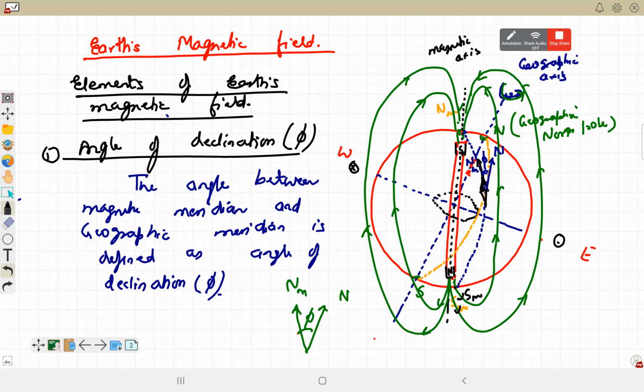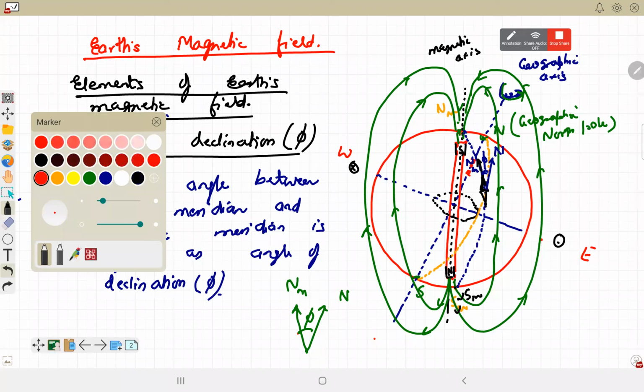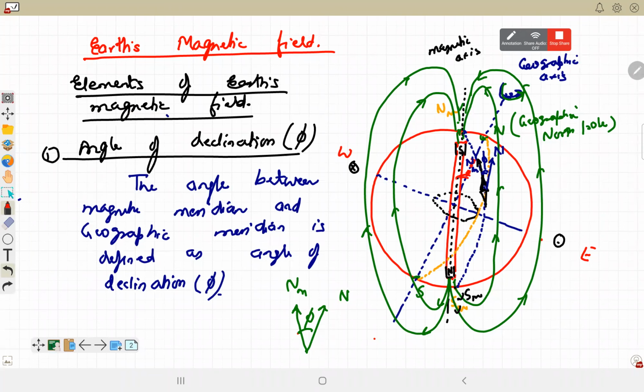Okay, very nice. So the other language is just for the understanding purpose. Angle between the north shown by magnet and the actual north direction is defined as the angle of declination. It is 11.3 at the angle between geographic axis and magnetic axis.